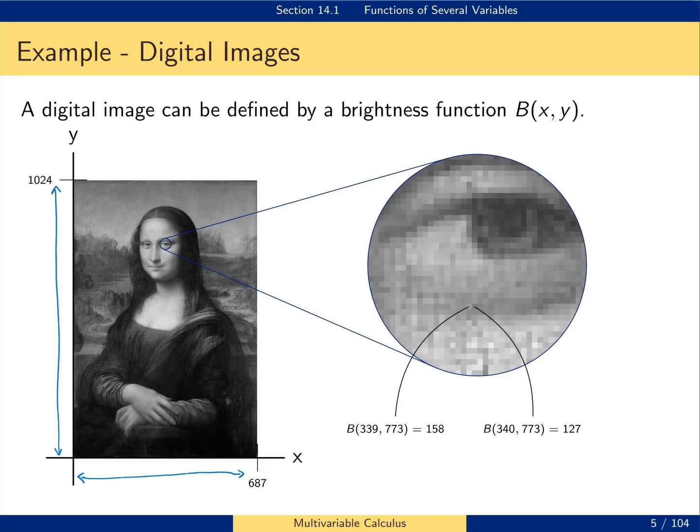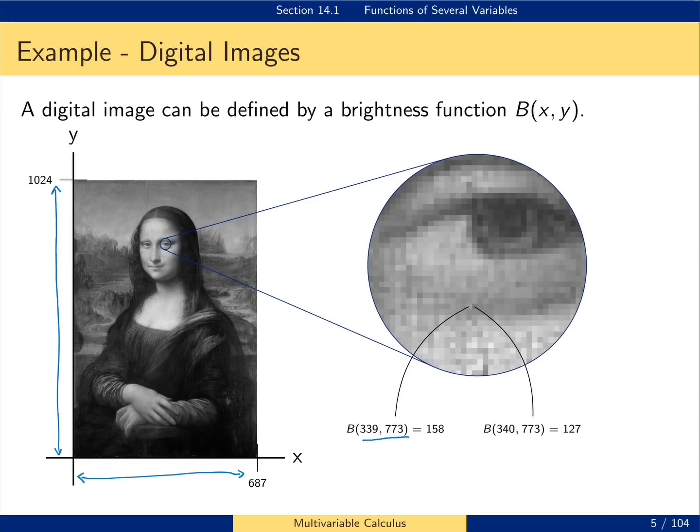As you can see to the right, I've zoomed in, and we can look at 2 pixels in particular. The pixel 339, 773 is brighter than the pixel 1 space to its right. The brightness function takes a value of 158 out of 255.